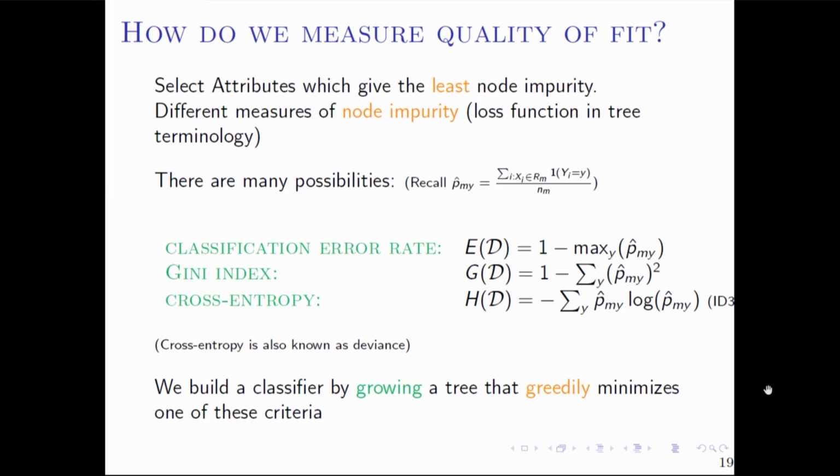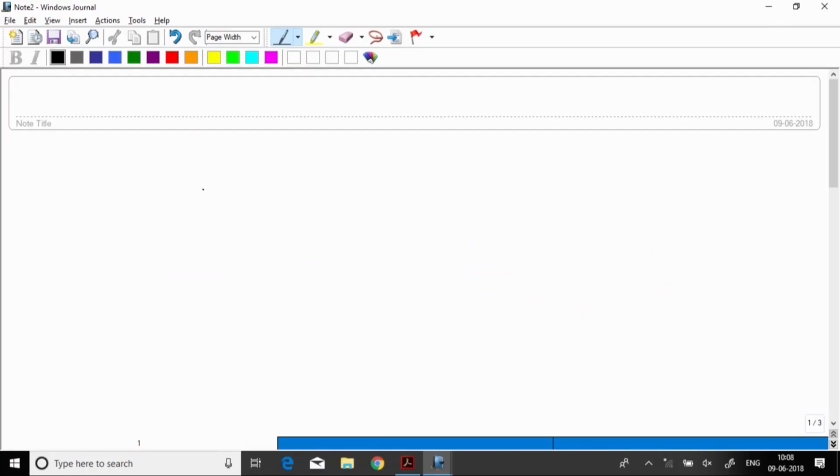The other measure is the Gini index. It is calculated like this: p_m0 times (1 minus p_m0) plus p_m1 times (1 minus p_m1).